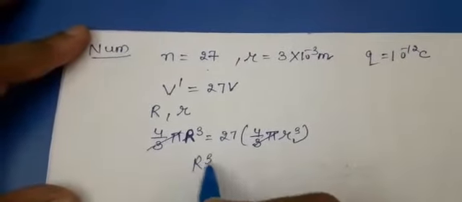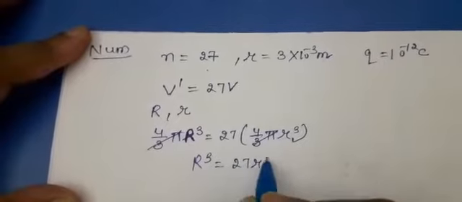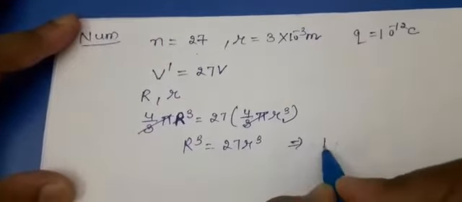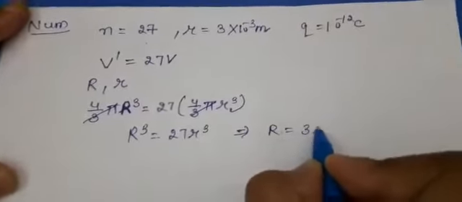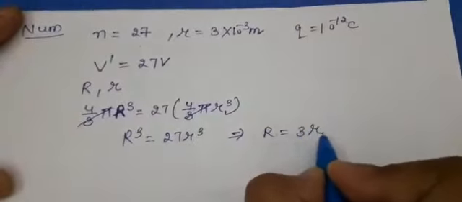R cube is equal to 27 r cube. So from here R will be equal to 3r, directly, taking the cube root on both sides. Now the radius is given to be 3 into 10 raised to the power minus 3 meter, so it will be 9 into 10 raised to the power minus 3 meter. So from the concept of volume, the radius comes out to be this one.